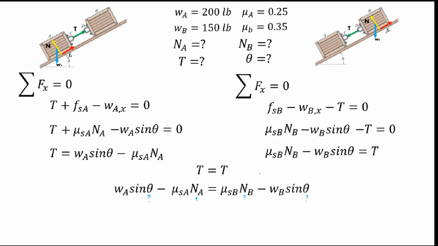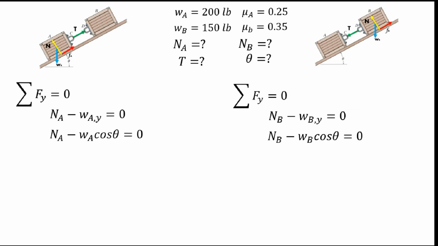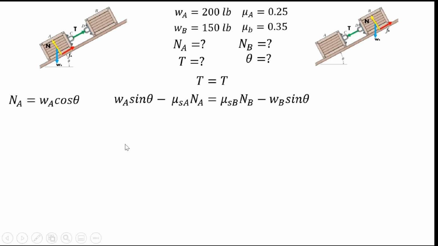So to replace NA and NB, we have to find the equivalent of the normal force of A and the normal force of B. So we will derive this one. NA will be equivalent to WA cosine theta, and NB will be equivalent to WB cosine theta. So this is the equivalent of NA, and this is the equivalent of the normal force of B.